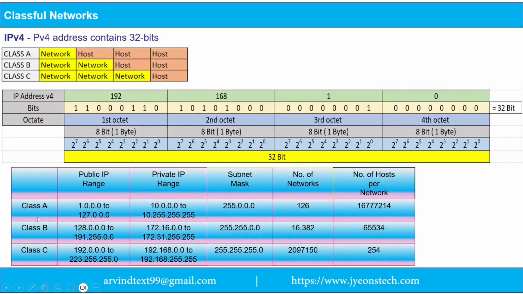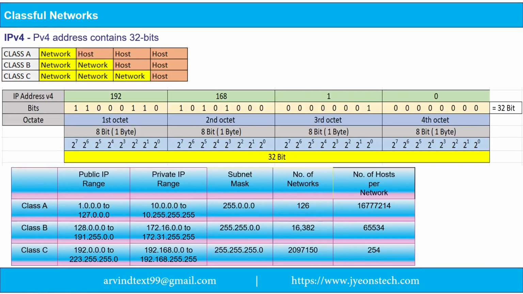The class has a public IP range of 1.0.0.0 to 126.0.0.0. The private IP range is 10.0.0.0 to 10.255.255.255. This is the private IP range. The subnet mask is 255.0.0.0. We have already explained the subnet mask and the number of networks.